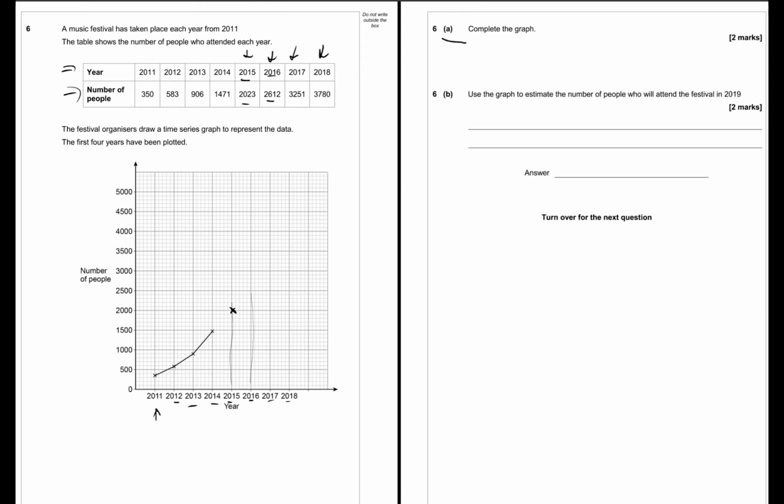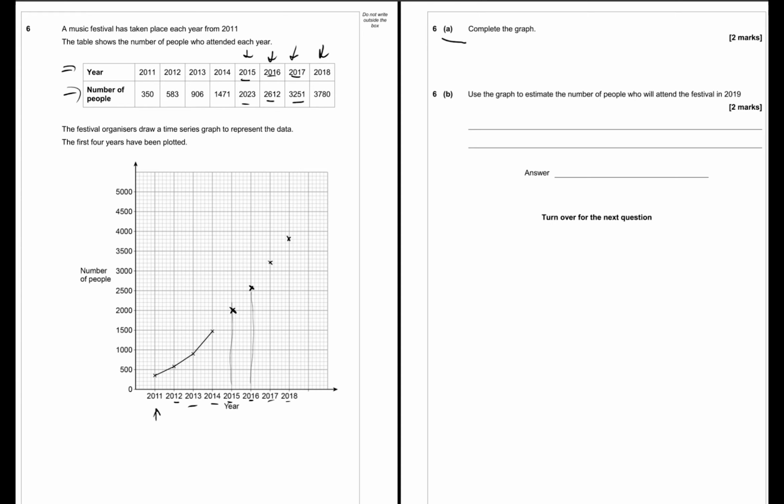So go 2016, go up to 2,612, which is about here. 2017 they had 3,251, so 2017 go up to 3,251 about here. Last one, 2018, it's 3,780, so find 2018 and then go to 3,780, which looks about right.